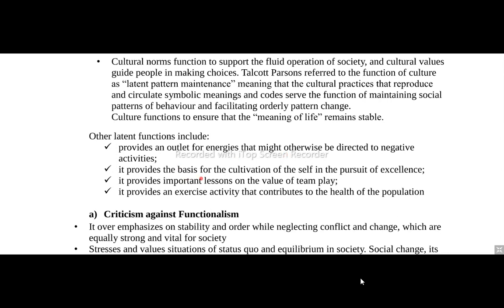It provides the basis for cultivation of self in the pursuit of excellence. So when you're looking at things like sports, when you're looking at things like being in a club, for example, I'm in charge of a club known as the President's Award Scheme.